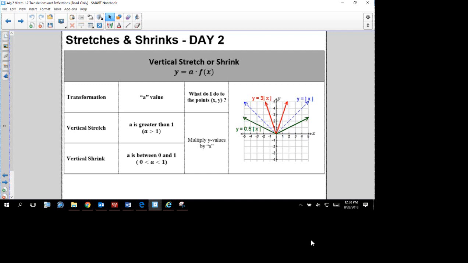And we've already gone over this, we know that it's going to make it a vertical stretch if the number is greater than 1, or it's going to be a vertical shrink if the number is between 0 and 1, like a half. If the number is negative, then there's a reflection and a stretch or shrink. There's two transformations if it's negative.